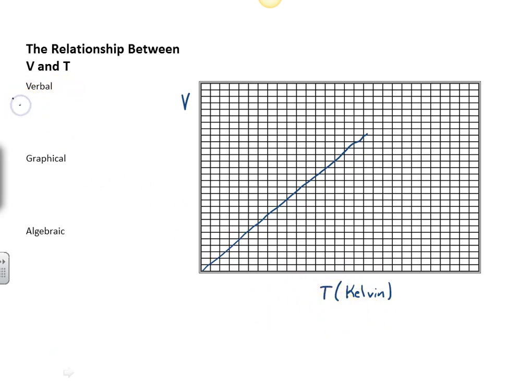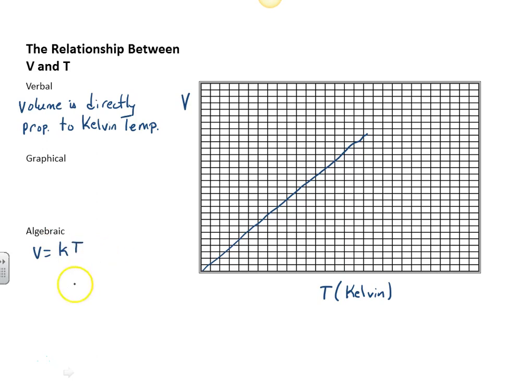So we can say that volume is directly proportional to Kelvin temperature. This is the graphical relationship, and the algebraic relationship would be V equals a constant, K, times T.